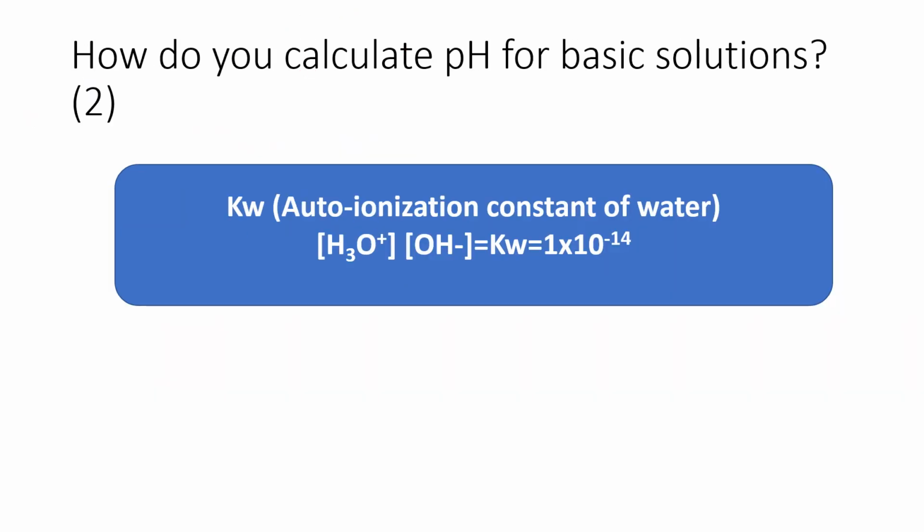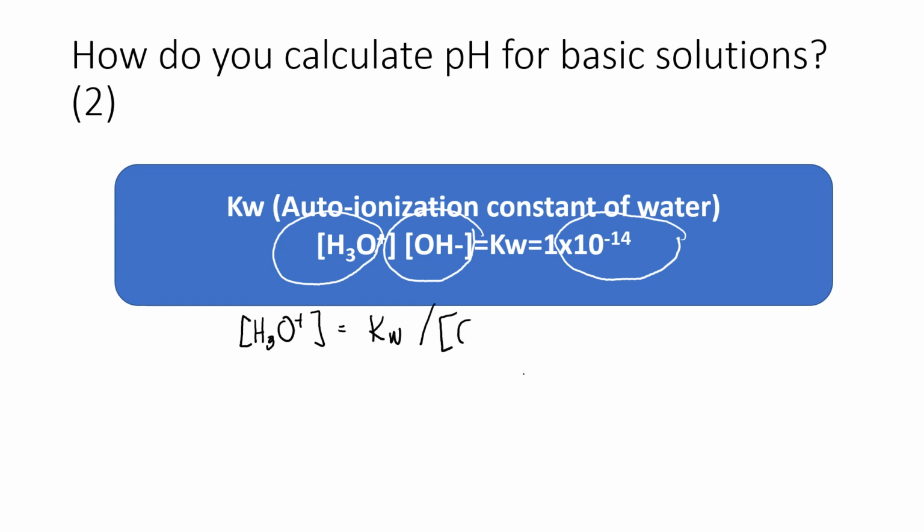So the next way is using the auto-ionization constant of water, using the formula: hydronium ion concentration times hydroxide ion concentration is equal to 1 times 10 raised to negative 14. Therefore, if you are given a hydronium ion concentration, for example, you can compute for the hydroxide ion concentration.